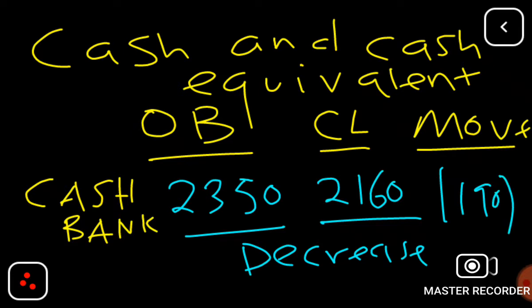Why negative 190? That's why I'm putting it in brackets, because your opening balance was 2350, then your closing balance is 2160, which means you had removed some of the cash from your bank. So because there was a movement from a bigger value to a lower value, there was a decrease. So any decrease in cash and cash equivalent becomes a negative figure. So this is your balancing figure when you're calculating.